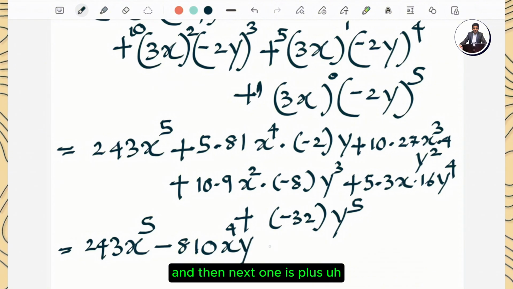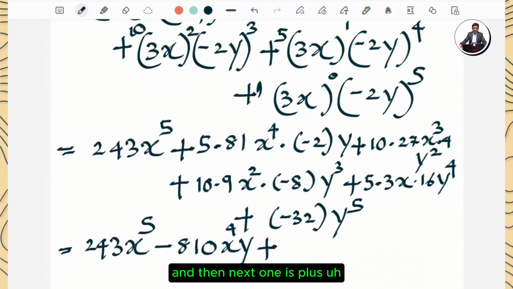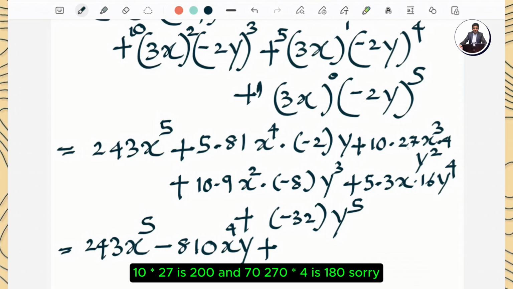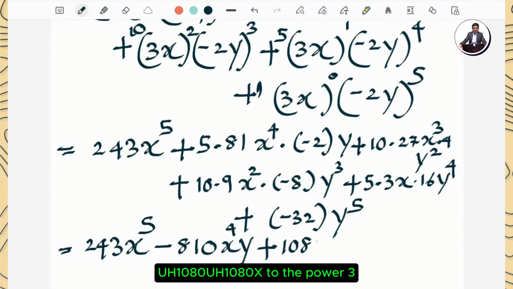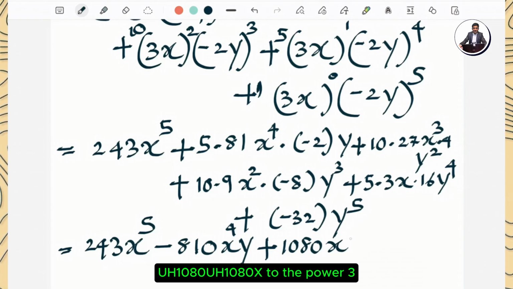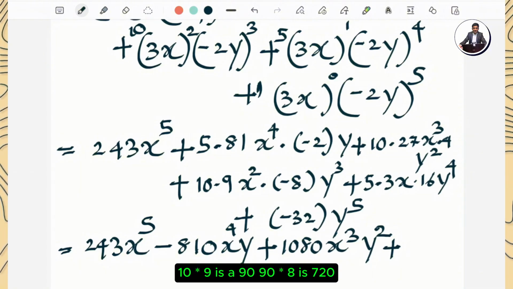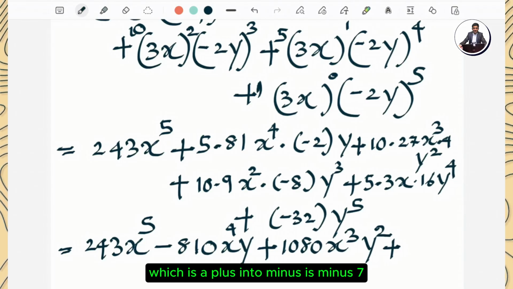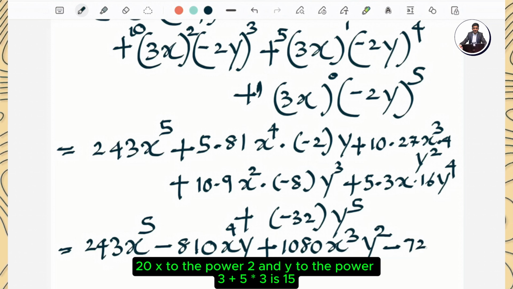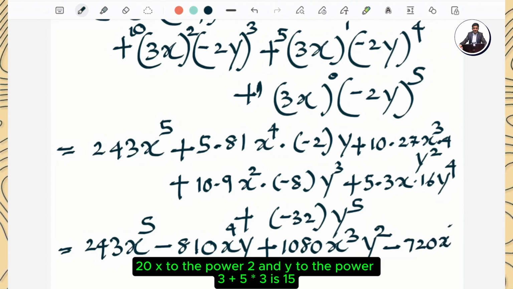And then the next one is plus 10 times 27, which is 270. 270 times 4 is, sorry, 1080. 1080 x cubed y squared, plus 10 times 9 is 90. 90 times 8 is 720, which with plus times minus is minus 720 x squared y to the power 3.